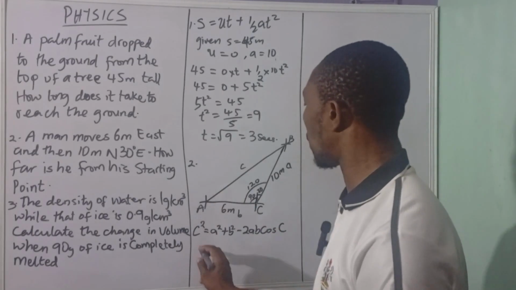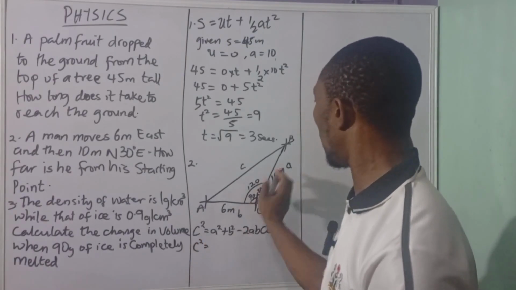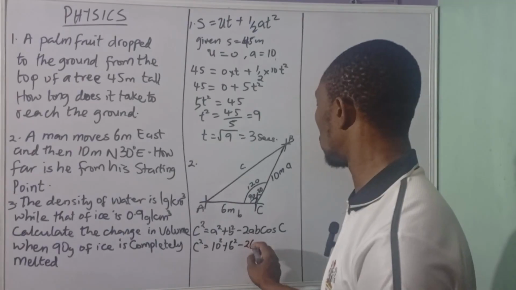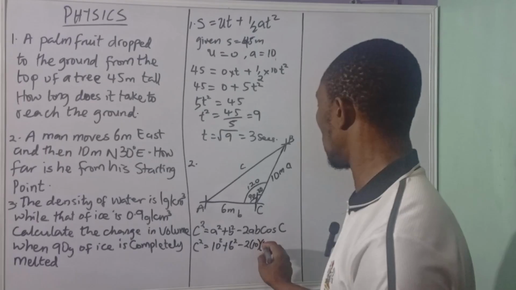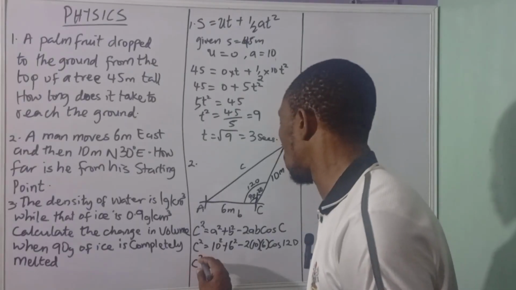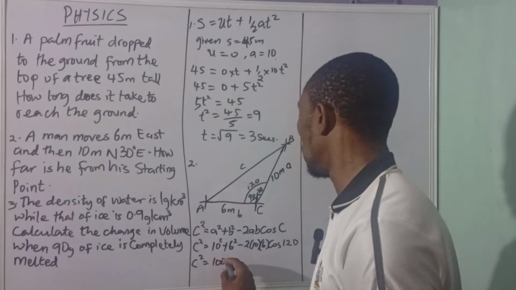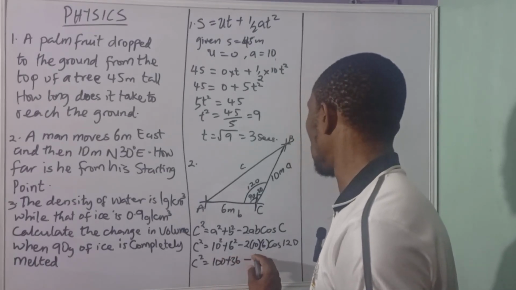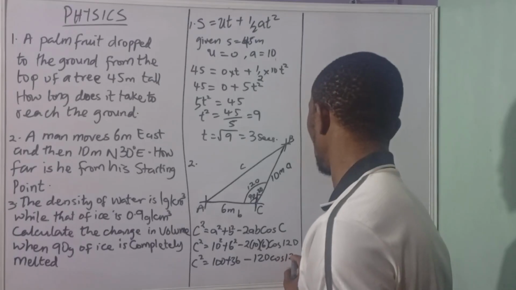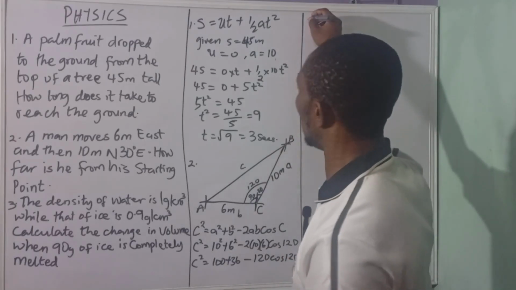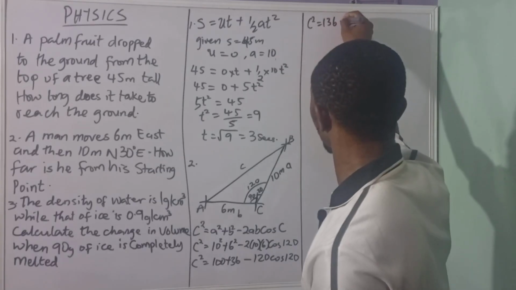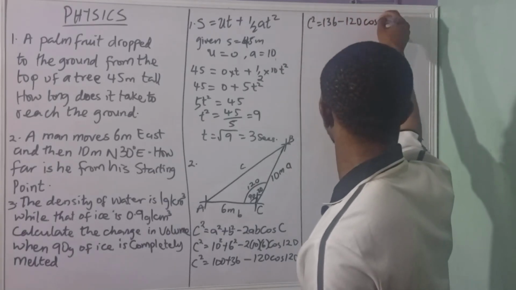Looking for our small c, c squared equals 10 squared plus 6 squared minus 2 times 10 times 6 cos 120. So this becomes c squared equals 100 plus 36 minus 120 cos 120. So c squared is 136 minus 120 cos 120.